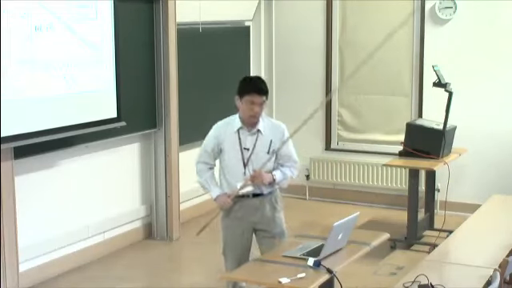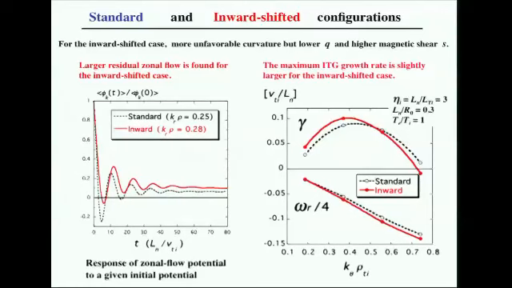And this is the linear gyrokinetic comparison of the standard and inward shifted cases. This is the zonal flow potential time evolution.